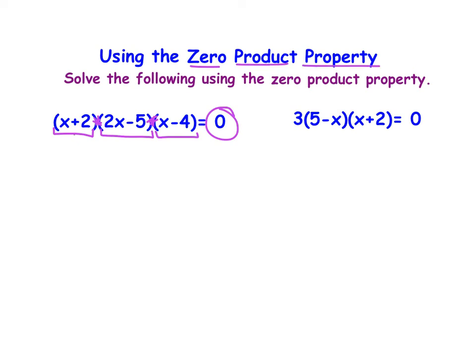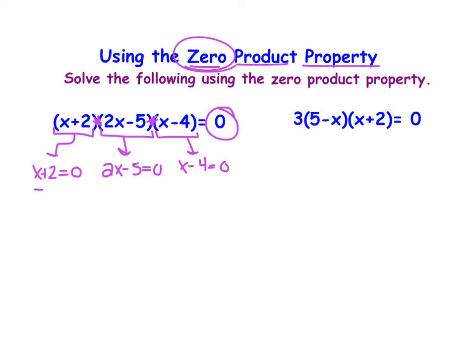And as a result, we go through the same process. We just simply set all three items equal to 0. And we figure out what makes each one of them equal 0, because we could have either one of those three things equal 0 and the whole product would equal 0.